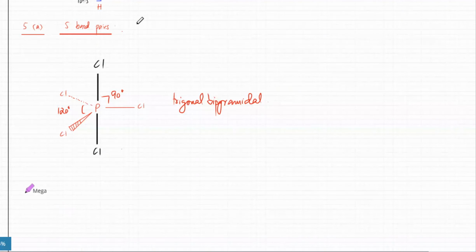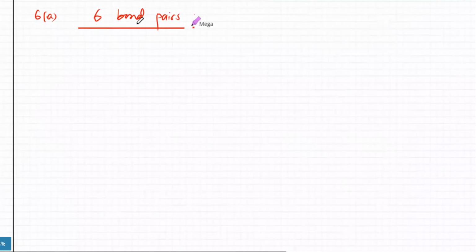6 pairs of bonds. We can jump to 6 bond pairs. Now, in this case, if you have 6 bonds and no lone pairs, the shape would be octahedral, which means that if there's sulfur, there's going to be 1 bond at the top.